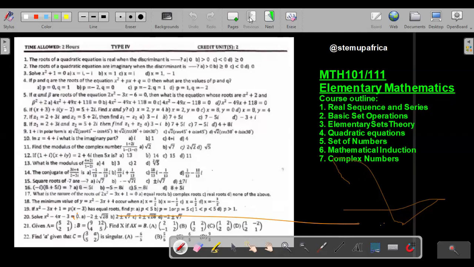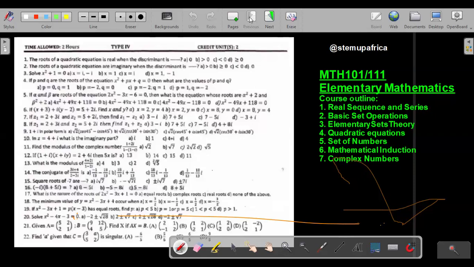Questions 1 and 2 are under the root of a quadratic equation. Question 3 is under complex numbers. Question 4 is under the root of a quadratic equation. Okay. No, you are very free to ask questions. This is an open class. You can ask any question. Okay, thank you. There's no need for you to be sorry about it. Yes, you are free to ask.